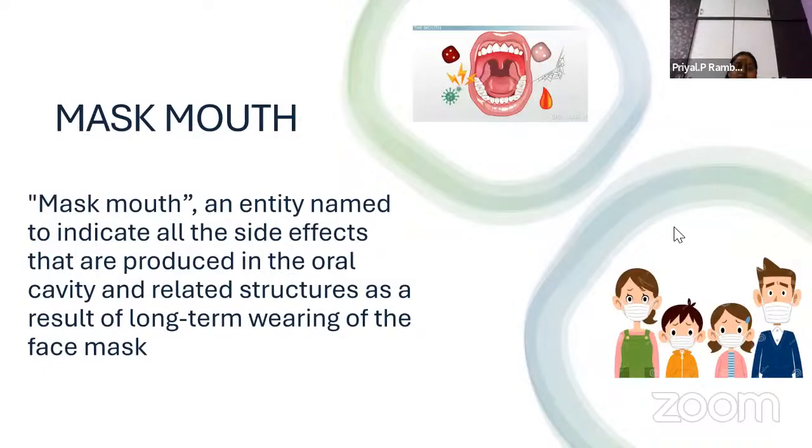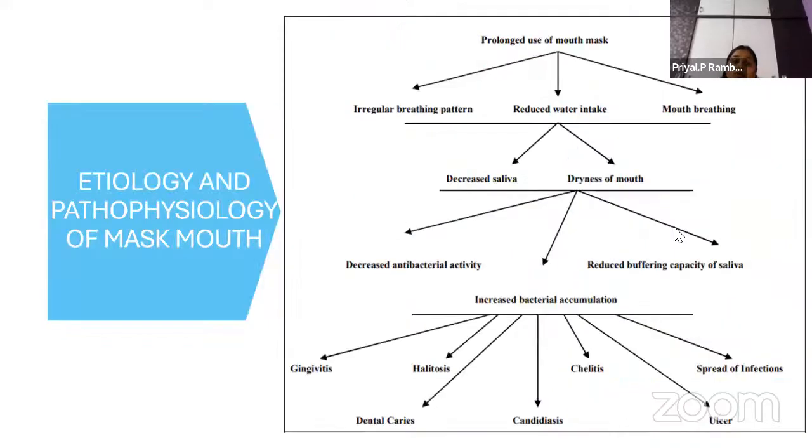What is mask mouth? It's an entity named to indicate all the side effects that are produced in the oral cavity and related structures as a result of long-term wearing of the face mask. Now, let's explore the causes of mask mouth. First, it causes an irregular breathing pattern, and due to this there is mouth breathing, and due to mouth breathing, there is a reduction in salivary flow rate, which causes dryness in the mouth.